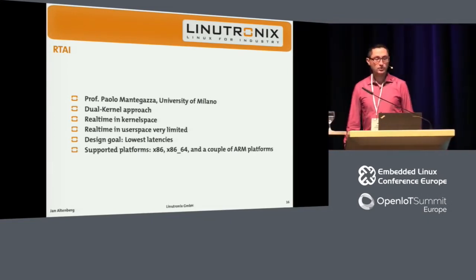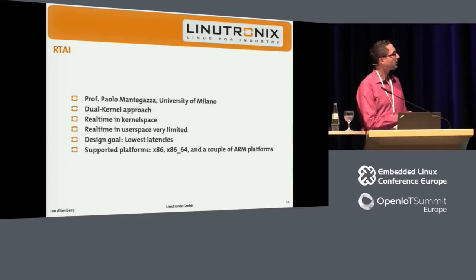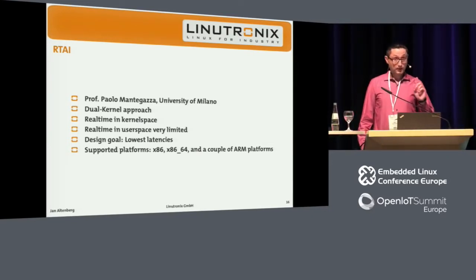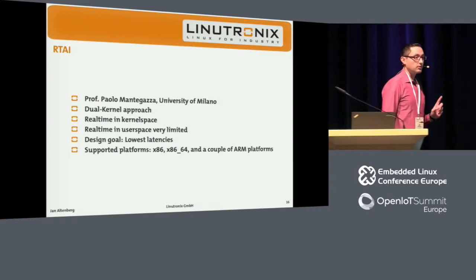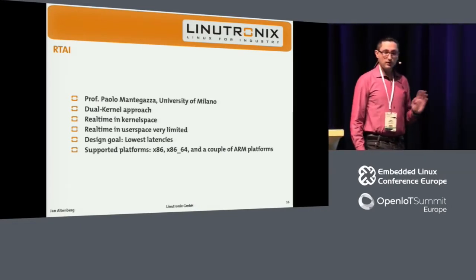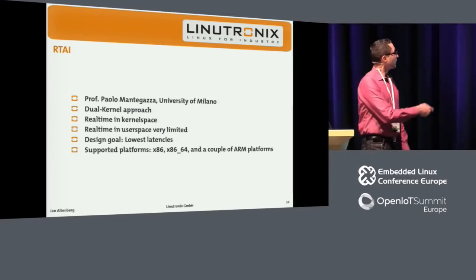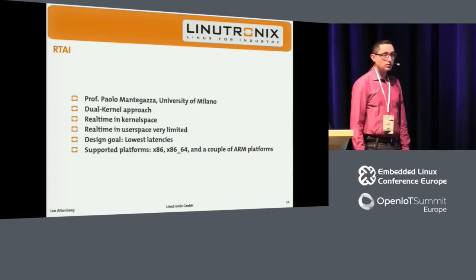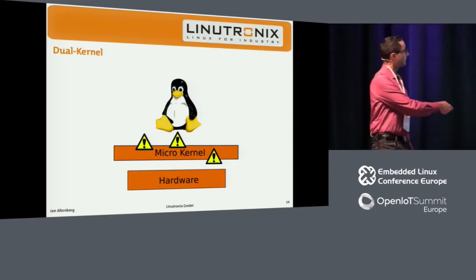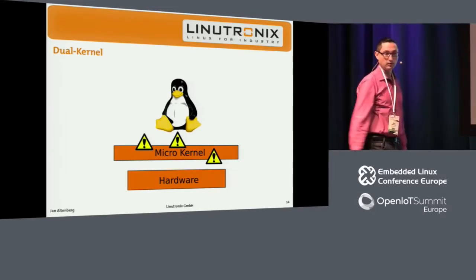I think they used it for a couple of aerospace applications. And this was actually the first real-time Linux I was using, 15 years ago or something. So this approach has been around for years. RTAI is a classical dual-kernel approach, basically this kind of implementation.